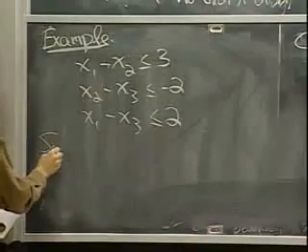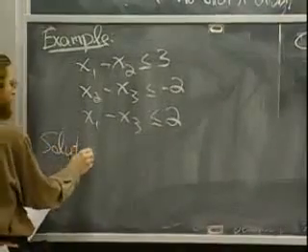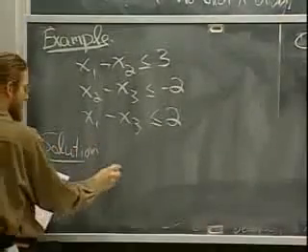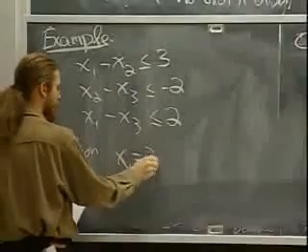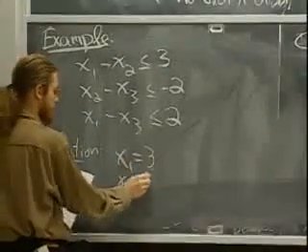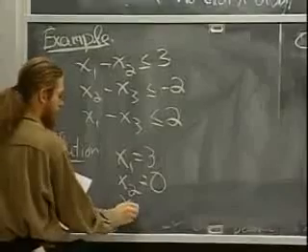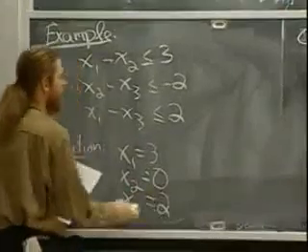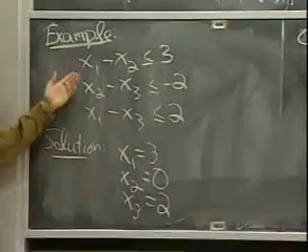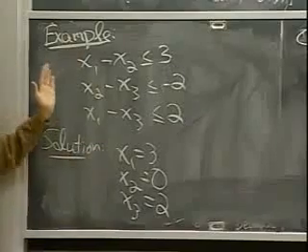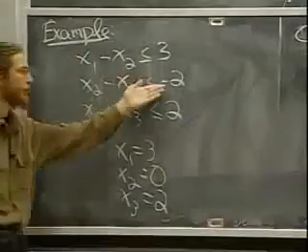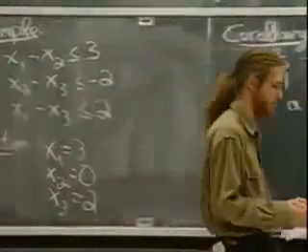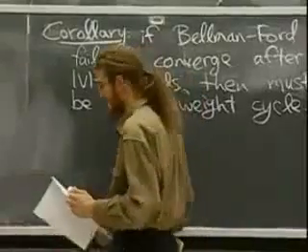Okay, and a solution. Not totally trivial to solve this, but here's a solution. And the only thing to check is that each of these constraints is satisfied. x1 minus x2 is 3, which is less than or equal to 3, and so on. So there could be negative values, there could be positive values. Doesn't matter.